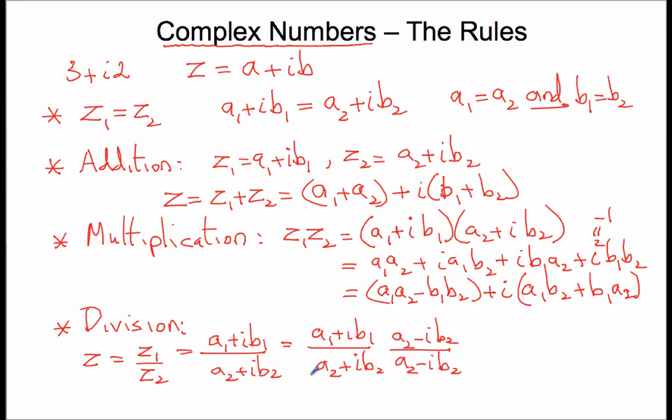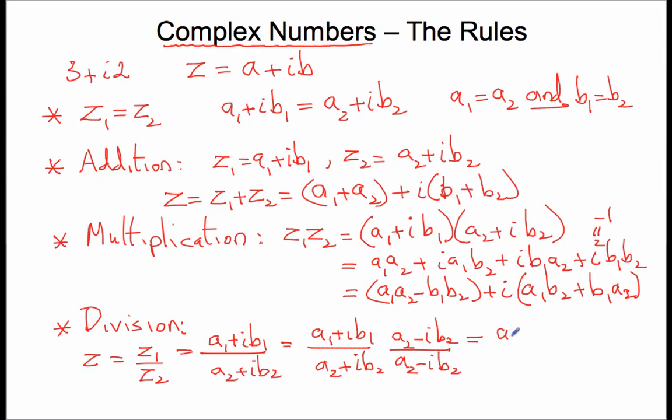The advantage of doing that is that at the bottom, I'm going to get a2 squared minus i a2 b2 and then plus i b2 a2. Those are going to cancel. And then when I have i times b2 into minus i times b2, this whole thing will give me a2 squared plus b2 squared. So now let's work out the numerator over here.